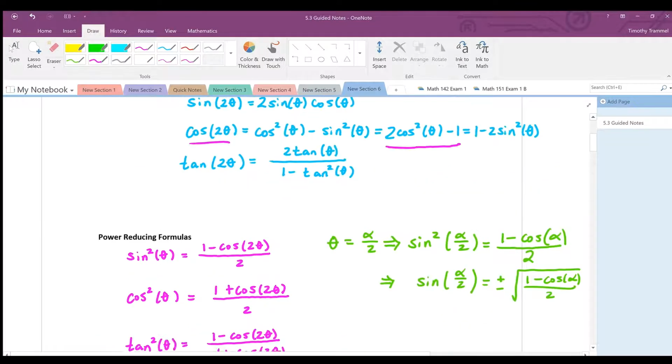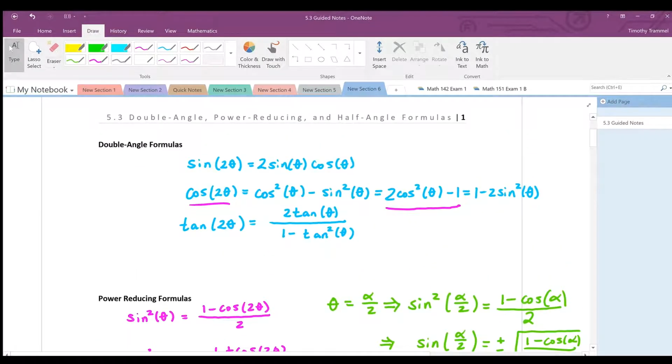Right, so we're trying to find sine of 2 theta. And I see this identity up here at the very top that is sine of 2 theta. It's equal to 2 sine theta cosine theta. That's going to be the one that we want to use here.